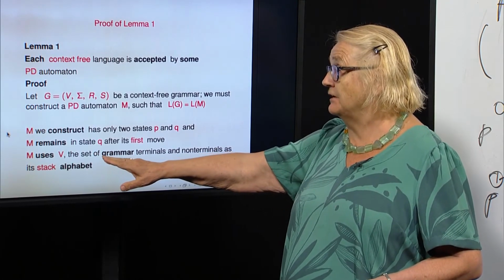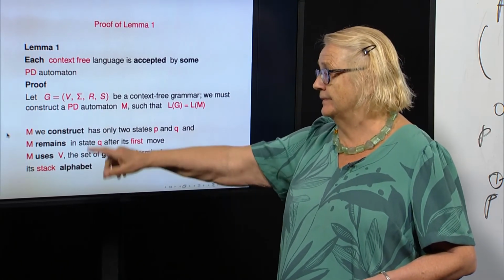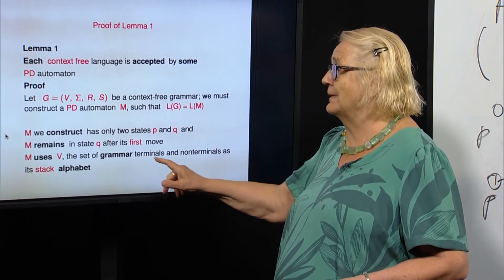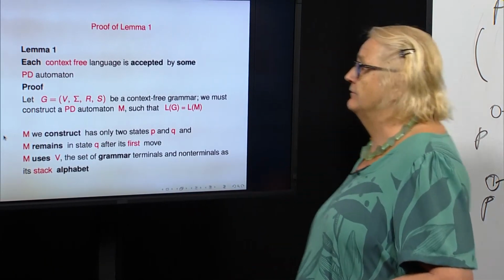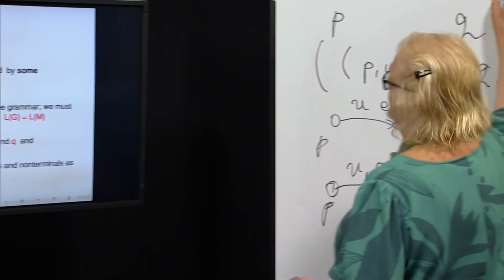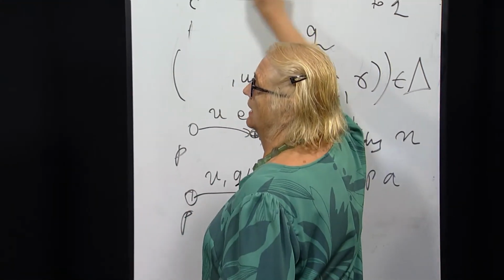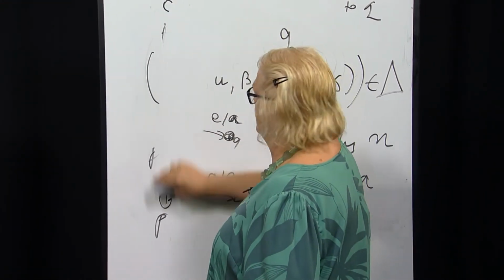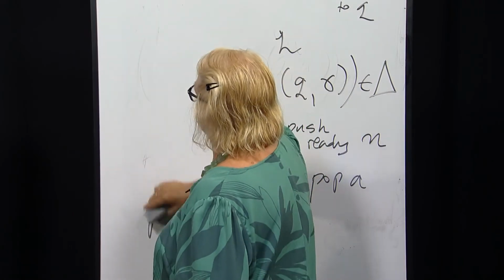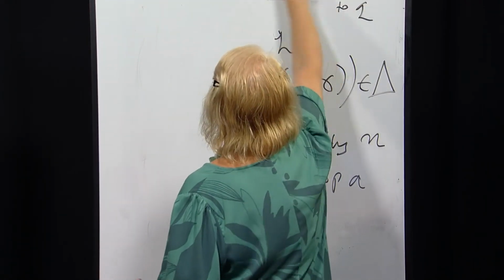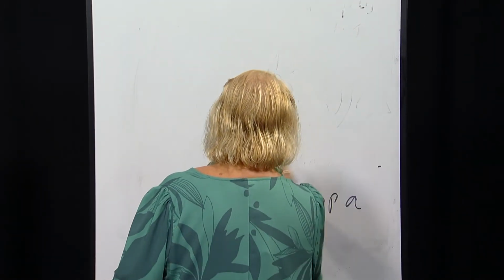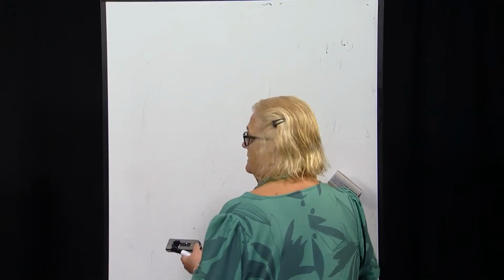M uses V, the set of grammar terminals and non-terminals, as the stack alphabet. So our stack alphabet is terminals and non-terminals.